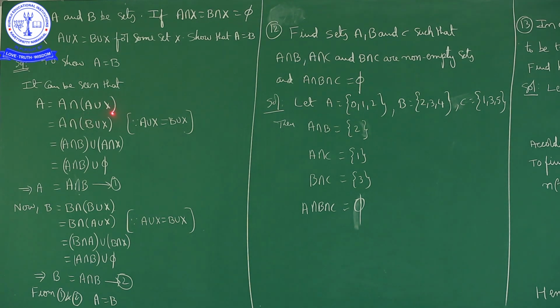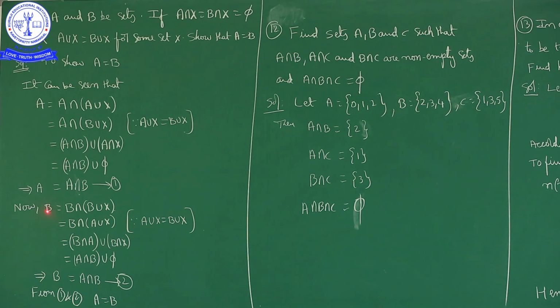A intersection (A union X) we can write as A intersection (B union X), because A union X and B union X are both equal. Now, by the distributive law, we can write A intersection B union A intersection X. But A intersection X is what? Null set. So, A intersection B union the null set is A intersection B. So, A is equal to A intersection B. Mark this one as 1.